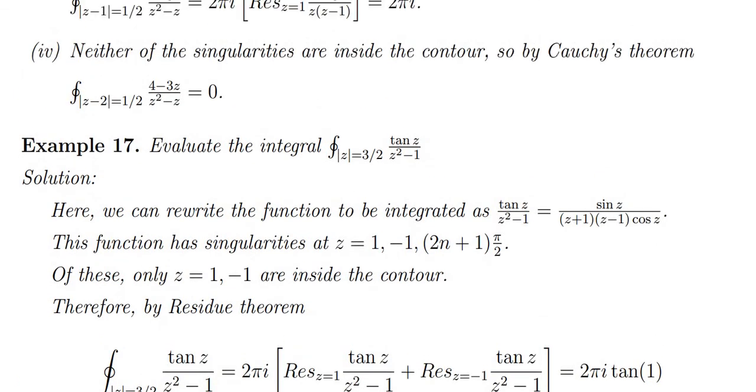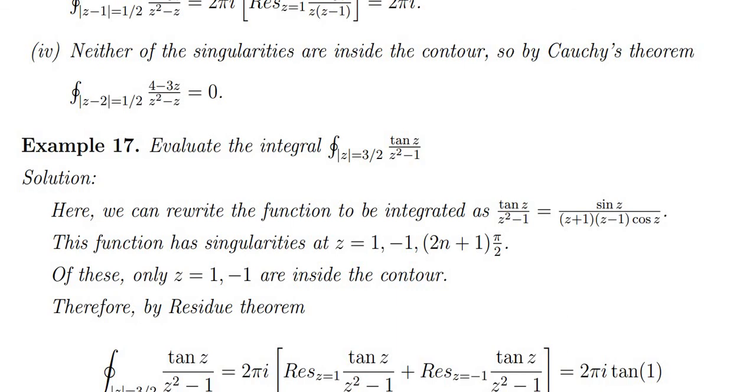Next, evaluate the integral over |z| = 3/2 of tan z/(z² − 1). The function which is to be integrated, we can rewrite as sin z divided by (z + 1)(z − 1) cos z. The singularities of this function are at 1, −1 and (2n + 1)π/2.